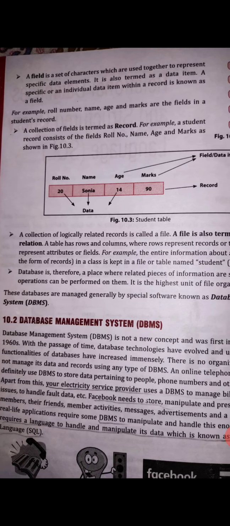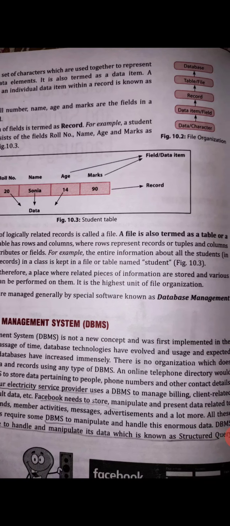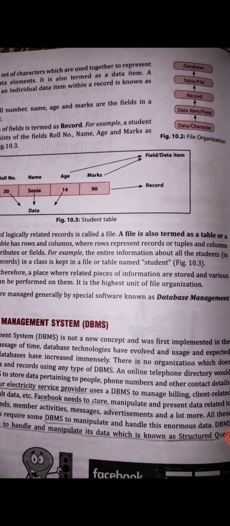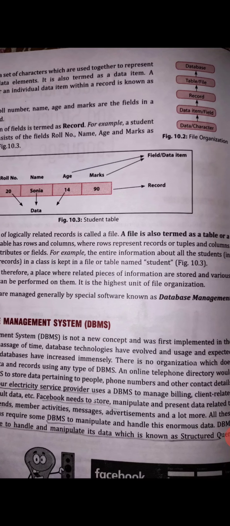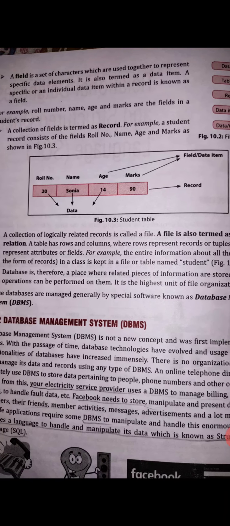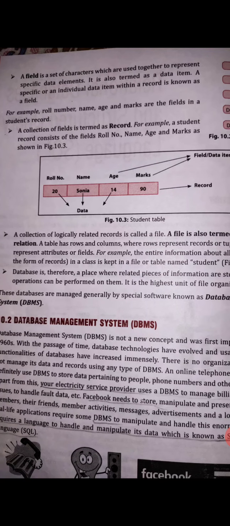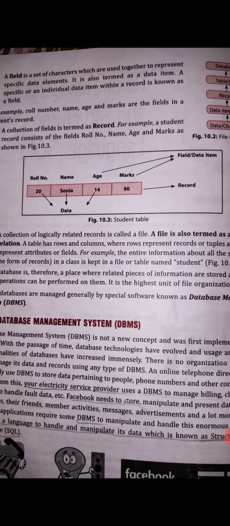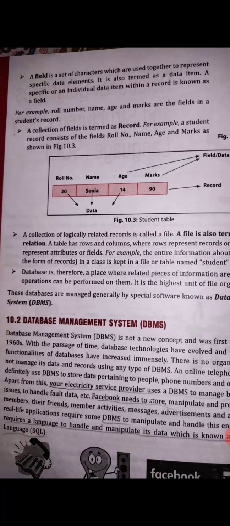Dear students, here you have to know the other names: records or rows are called tuples, and columns we can call attributes or fields in the database system. Database is therefore a place where related pieces of information are stored and various operations can be performed on them. It is the highest unit of file organization.